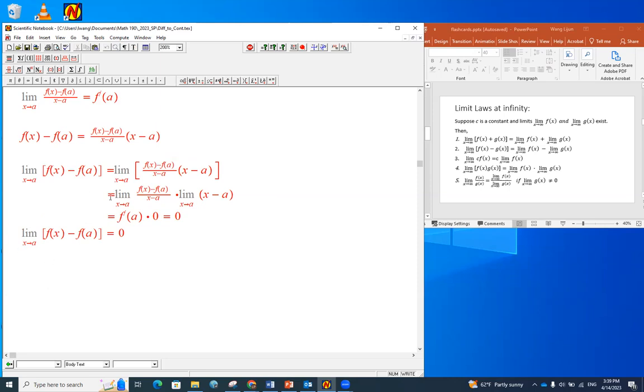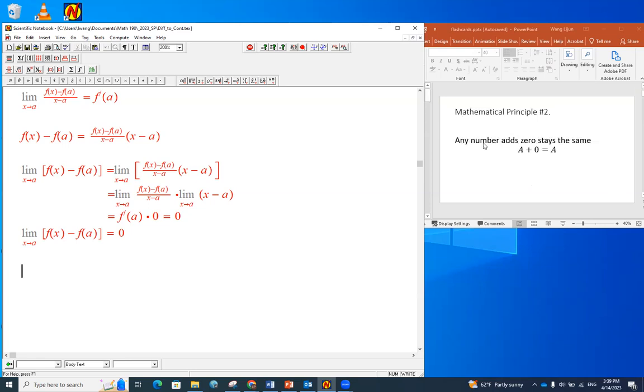Because we know that the difference has a limit, what we do is use principle number 2, add 0. How do we add 0? We have f of x is equal to f of x minus f of A plus f of A. We basically add a zero.